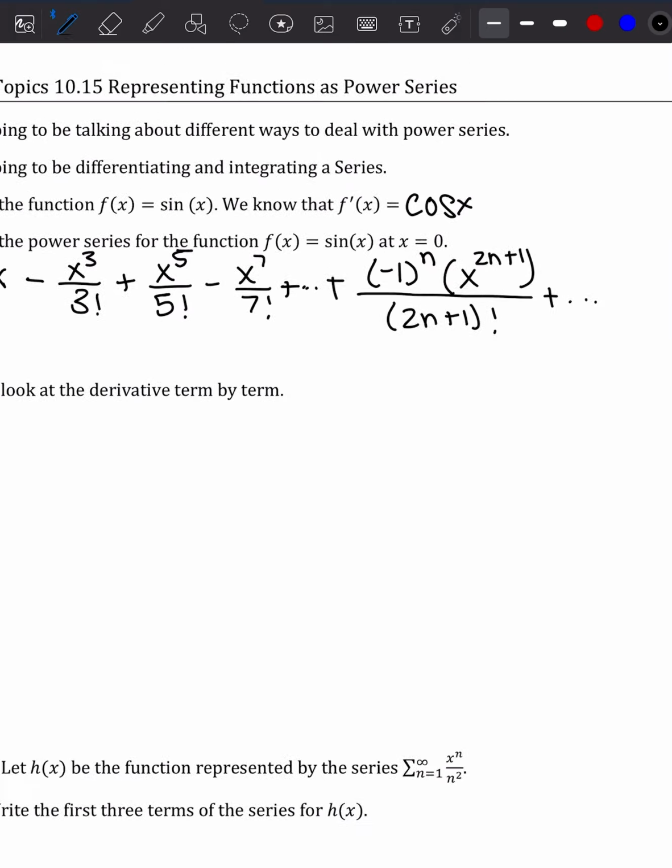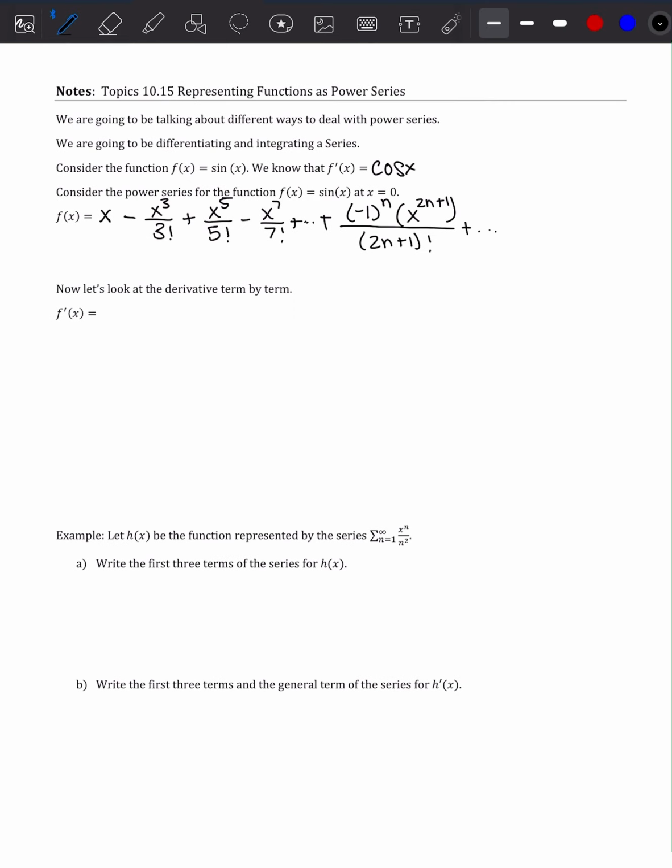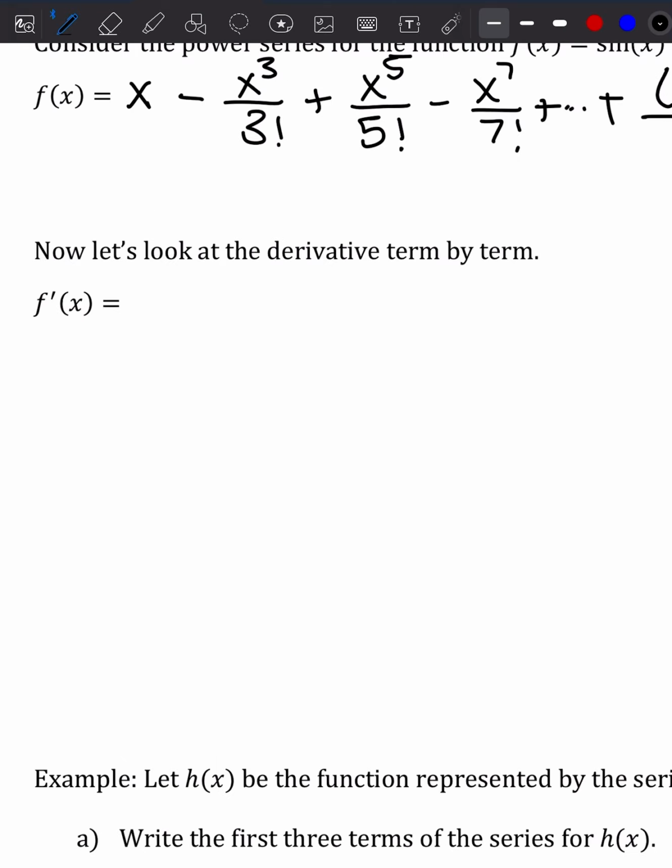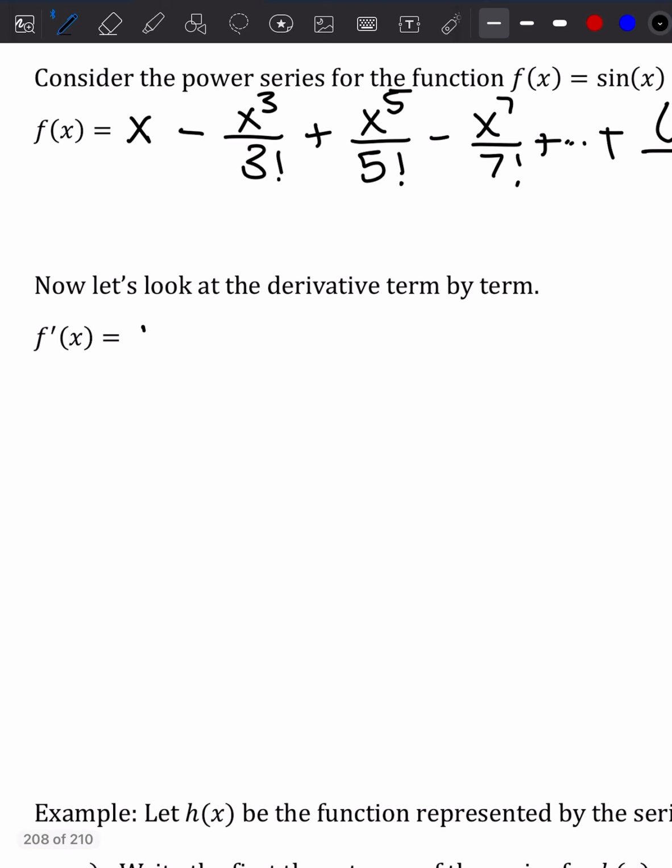So what we're going to do is look at the derivatives of each of these terms and then see what happens. If I take the derivative of x, 1x to the first, we get 1. If I take the derivative of x cubed, 3 factorial is a constant, so I don't have to worry about it. We get 3x squared divided by 3 factorial.